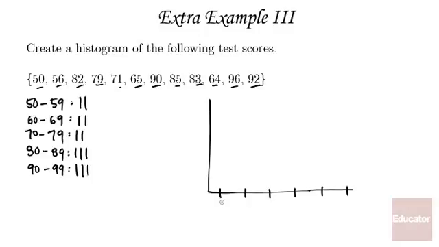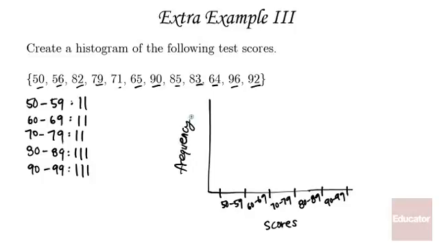This will be 50 through 59, 60 through 69, 70 through 79, 90 through 99. Okay? And for the frequency, so these are all the scores, right? Label that scores. Then this right here is always going to be the frequency.